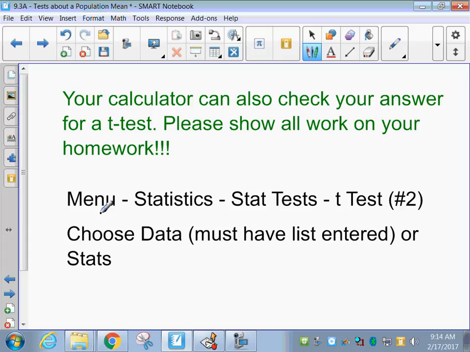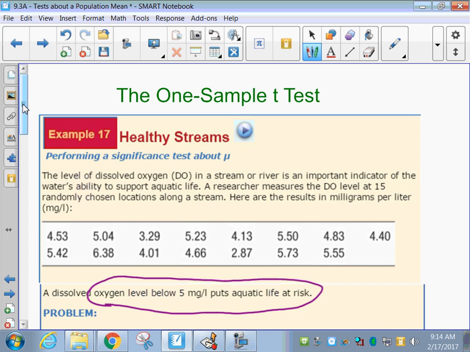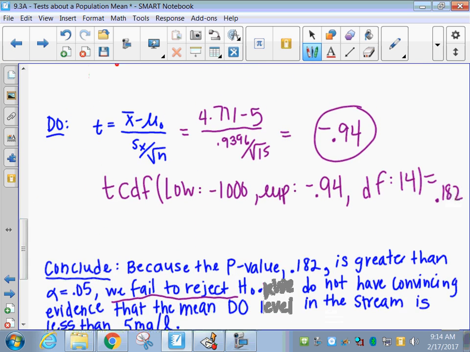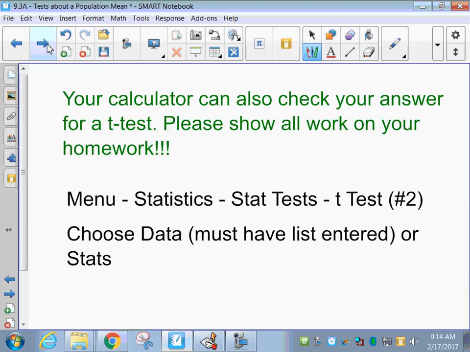Yeah, go to stats, press OK. So you plug your null in, you plug your x bar, so whatever you got for that, your sx in, your n, and then you have to say if it's greater than, less than, or two-tailed. By the way, if we had done a two-tailed test, what would we need to do here? Double it. So pay attention if it's two-tailed, and don't forget to double your p-value, because it's both tails on the graph.